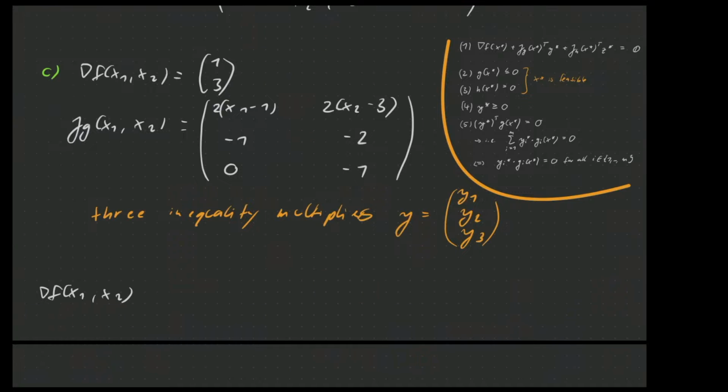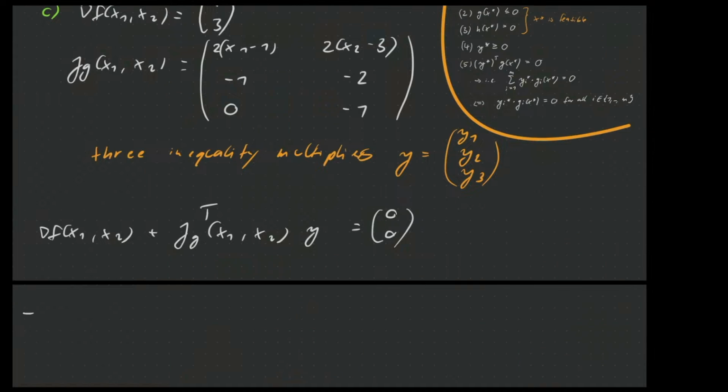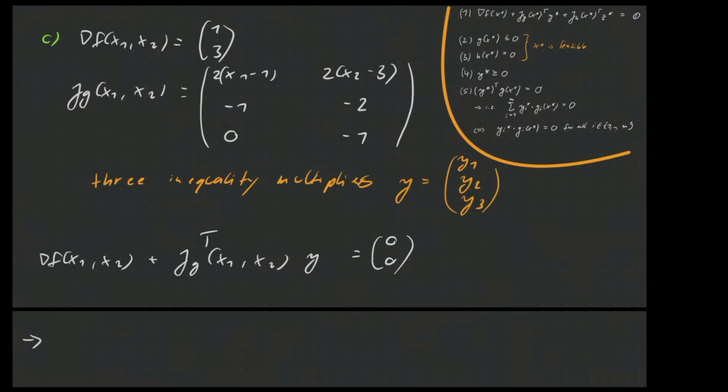Gradient of f plus Jacobian of g at x1, x2 transposed times y is the all zeros vector, and we get 2 rows here, obviously, because the gradient of f has 2 rows. Right, so what we have is, let's write that down in vector form first, 1, 3.